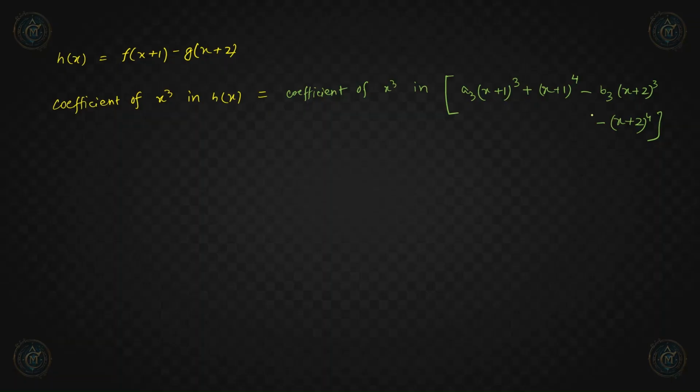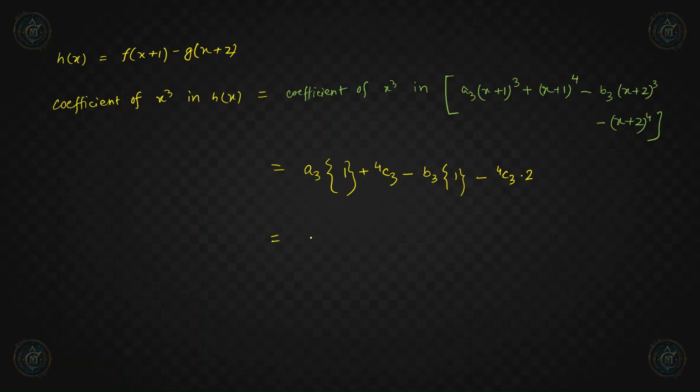Now these coefficients we can easily find using the binomial theorem. The coefficient of x cube is a3 times 1, then 4C3, then minus b3 times 1, and minus 4C3 times 2 to the power 1, so basically 2 into 4C3.